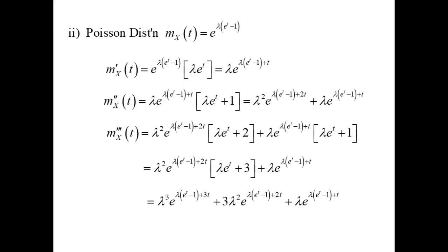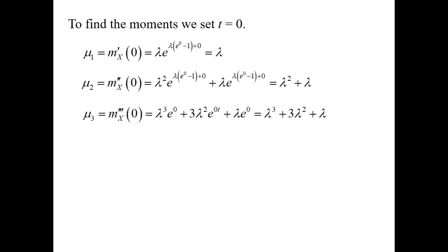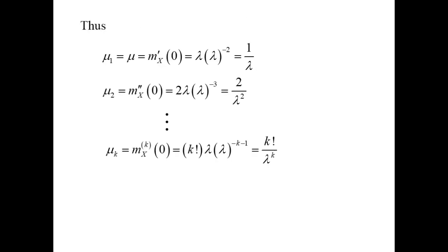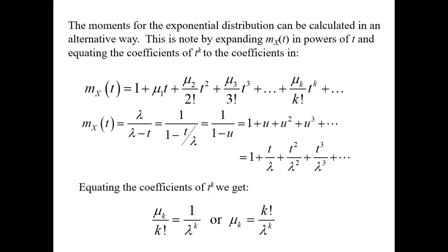For the exponential distribution, we can apply the same thing, that is, finding the first derivative, second derivative and third derivative. We can easily find the corresponding moments. Also, we can apply property number 2 in order to find the moments from this exponential MGF.